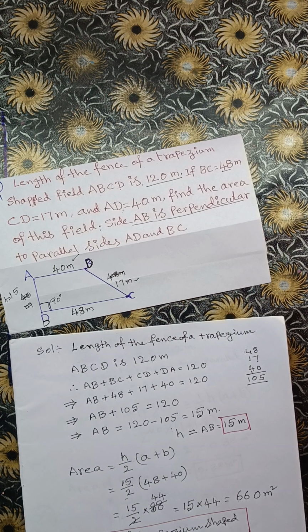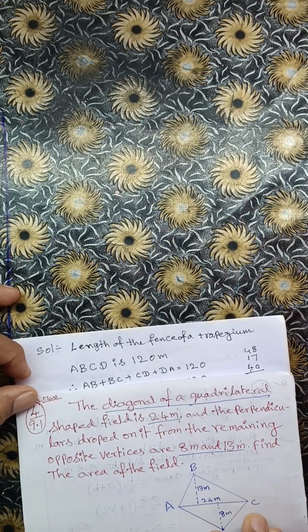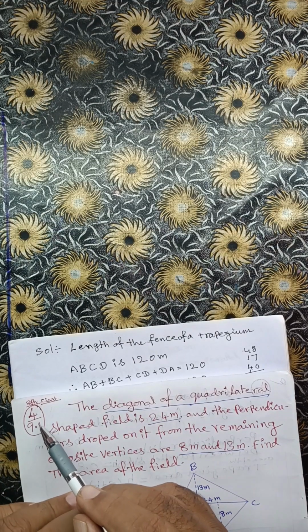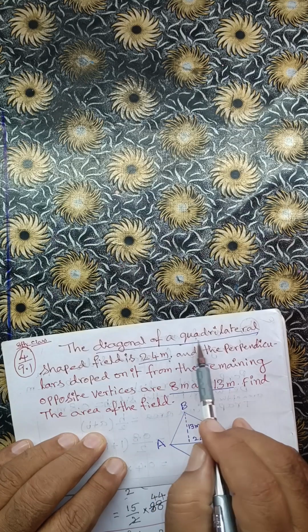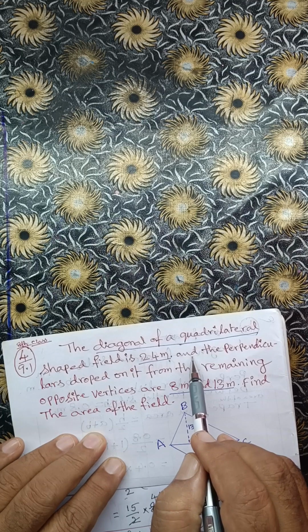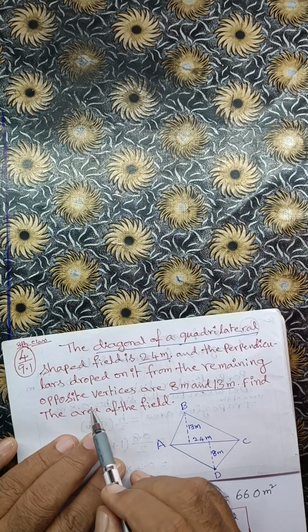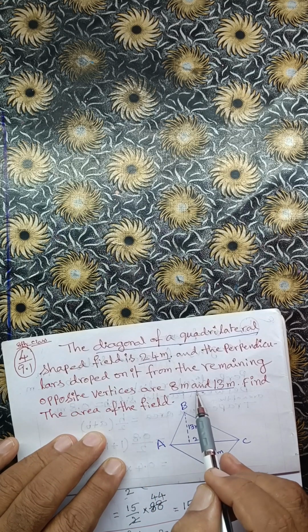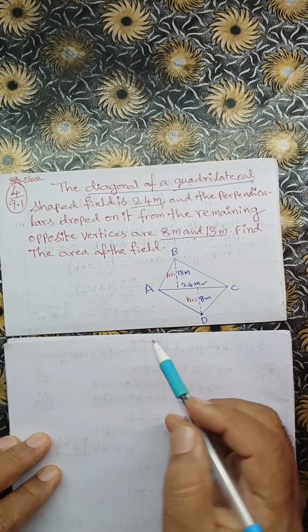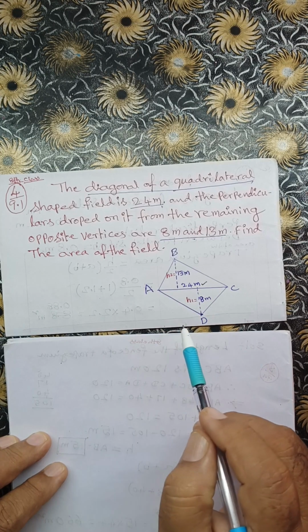Now, come to fourth question. What is the fourth question? This is fourth question. 9.1 exercise, fourth question. The diagonal of a quadrilateral shaped field is 24 meters and the perpendiculars dropped on it from the remaining opposite vertices are 8 meter and 13 meter. Find the area of the field. Now come to solution. This AC is diagonal of the quadrilateral.